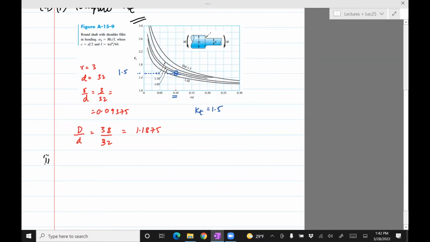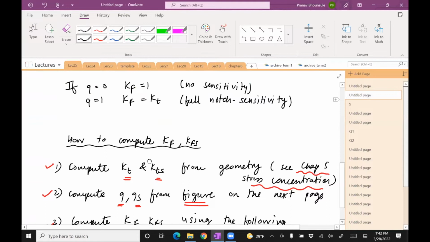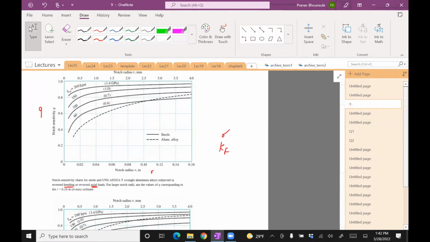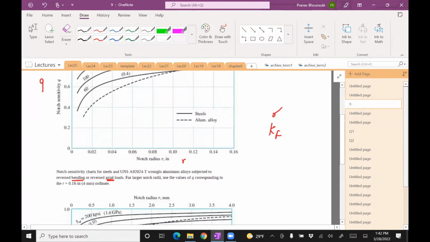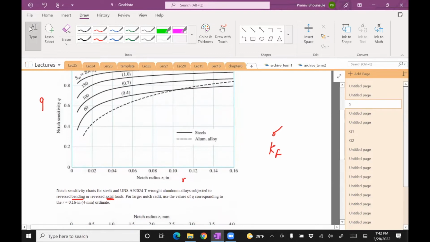Okay, step 2. Going back to this algorithm, step 2 is compute Q, which comes from this figure. We are looking for bending and axial loading. So we need the notch radius. The notch radius in this case is the radius of that fillet.